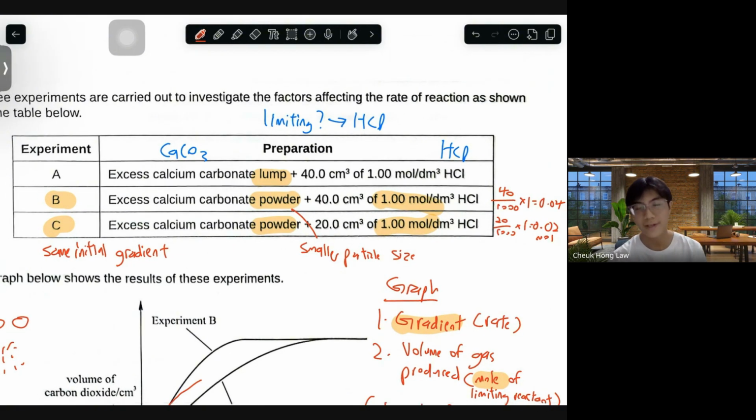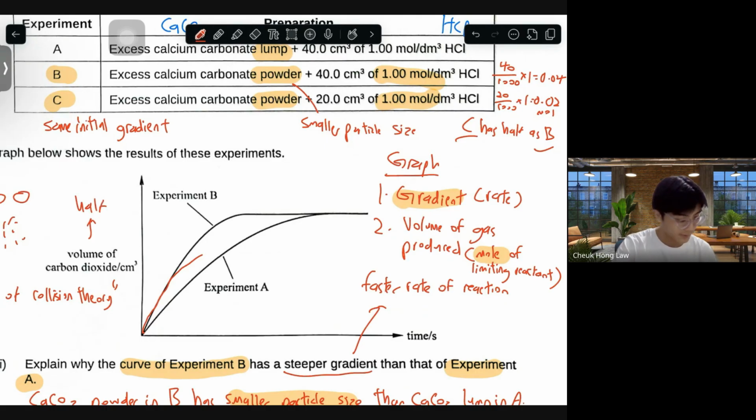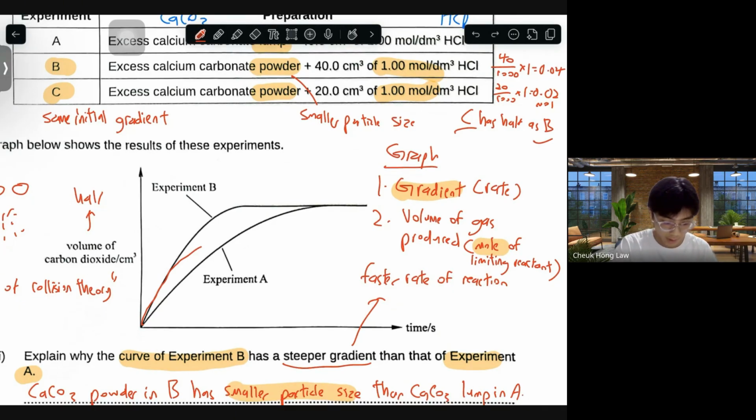So we are comparing C with B. You realize that C has half the number of moles as B. The HCl has half the amount. So the volume of carbon dioxide produced should also be half. Understand? So the mole of your limiting reactant is directly related to the volume of your product formed.